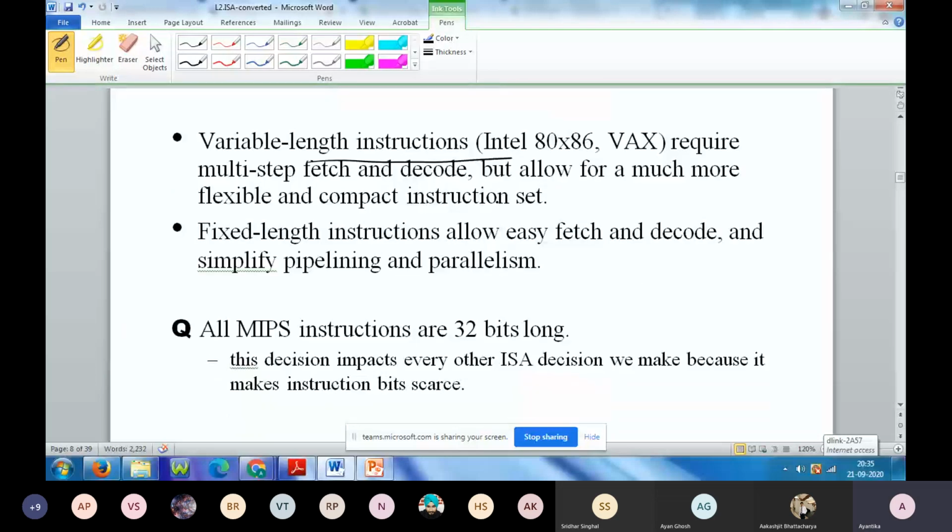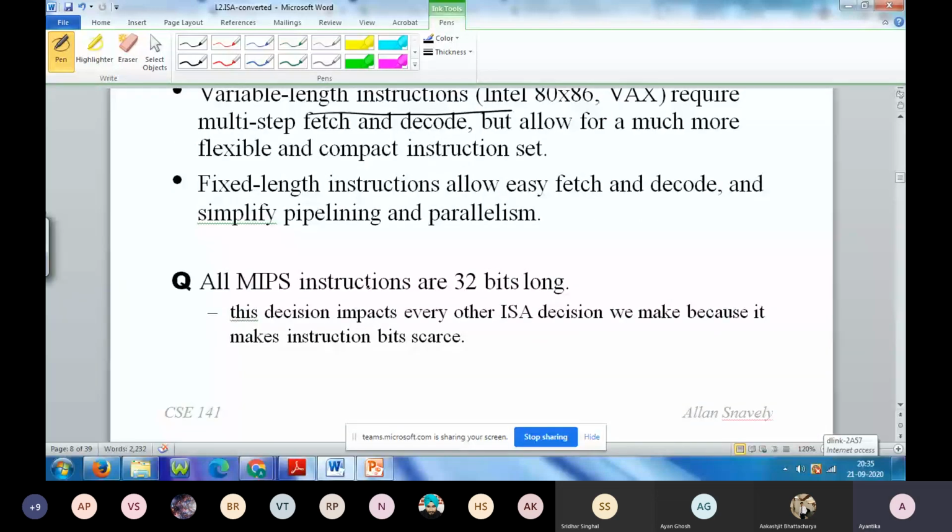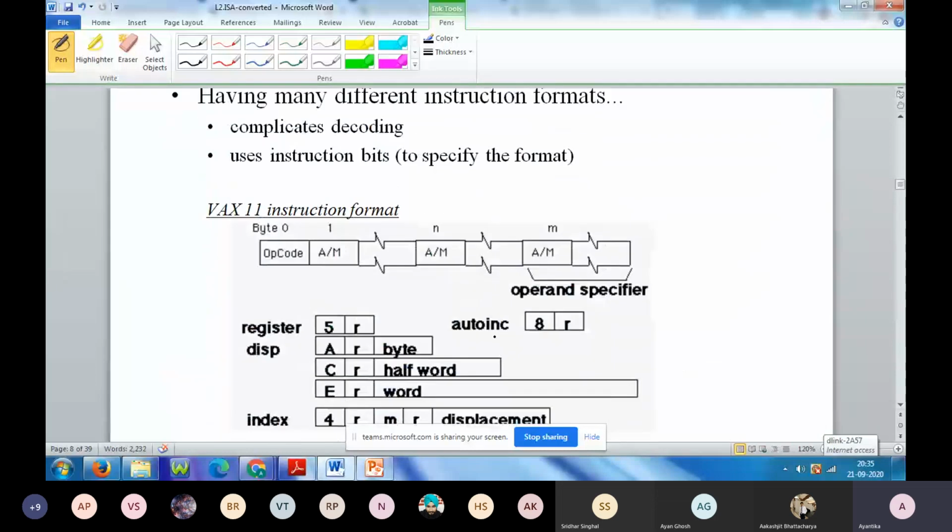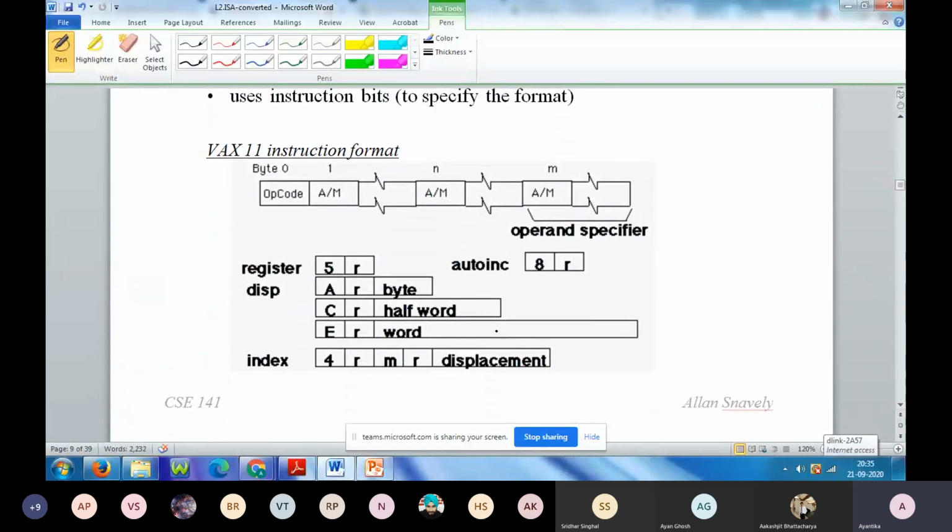And we are starting our discussion with this MIPS processor, where we have a 32-bit instruction. We are considering the 32-bit instruction format. So when we are talking about this instruction format, what do we have? We will have some opcode.